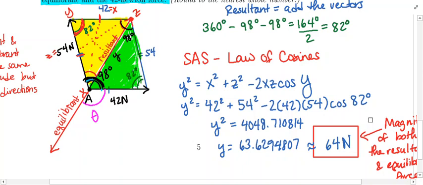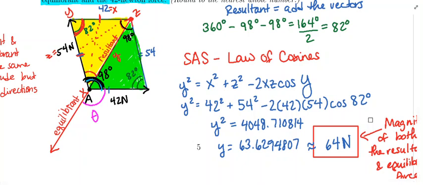Well, we know two of the sides and we know one of the angles. When I shade this in, I know this side is 42, this angle is 82, and this side is 54. So this is a SAS case, just like the yellow triangle.